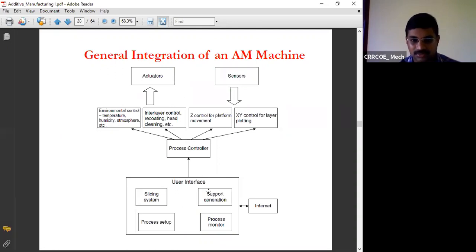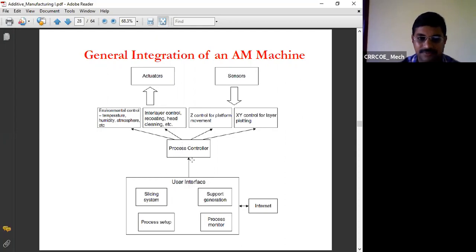Finally, from the bottom we have to consider this system. From the internet we are going to have the system, that is a process monitor. Here we are going to generate a computer model and a process controller.